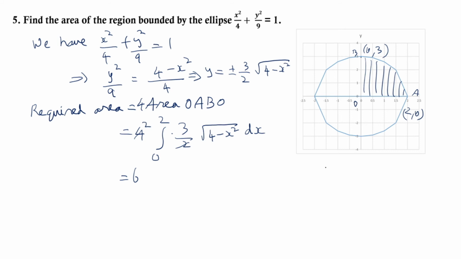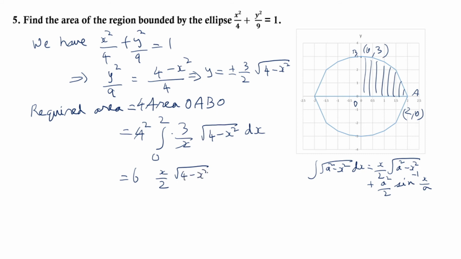So we know that the integral of root of a square minus x square dx is equal to x by 2 root of a square minus x square plus a square by 2 sine inverse of x by a. So this is equal to x by 2 root of 4 minus x square plus 4 by 2 sine inverse of x by 2.